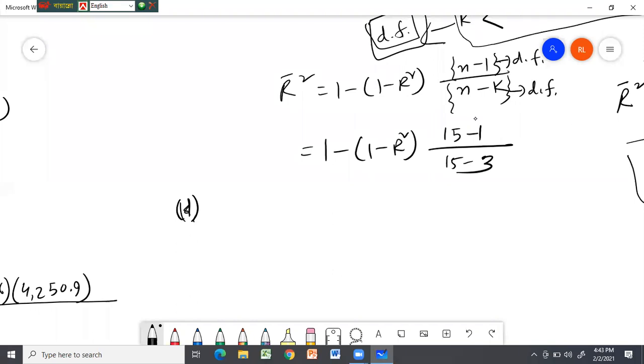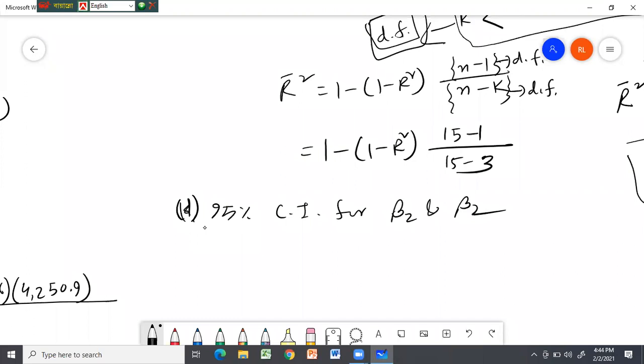So in number D, you have been asked to estimate the 95% confidence interval for B2, মানে beta 2 and beta 3. দেখতে পাচ্ছেন সবাই? In your question, number D, you have been asked to estimate the 95% confidence interval for beta 2 and beta 3.